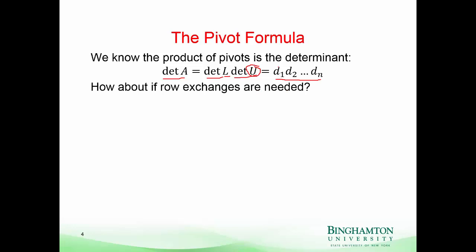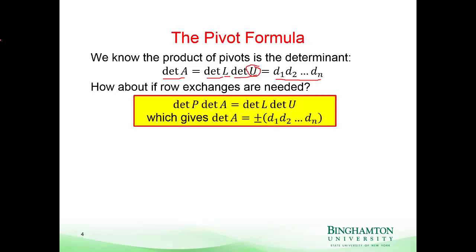But sometimes, as we saw way back at the beginning of the course, we need to do some row exchanges, and that involves a permutation matrix. And so sometimes it's not A that gets written as L times U, but it's P times A, where P is a permutation matrix, that gets written as L times U. I think we already talked about how a permutation matrix will have a determinant of either plus or minus 1.